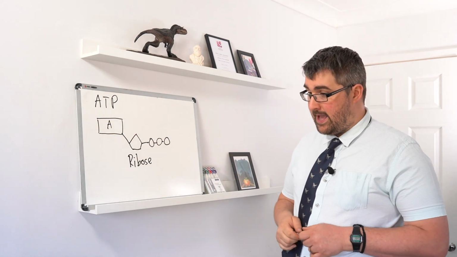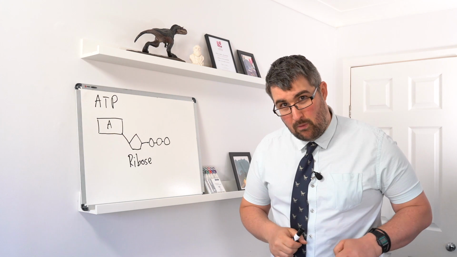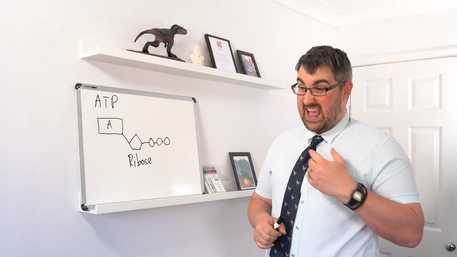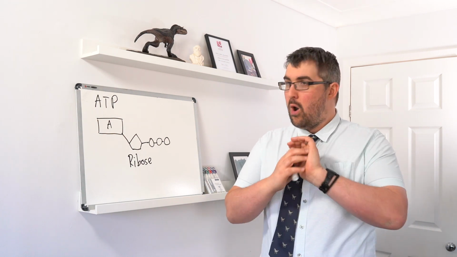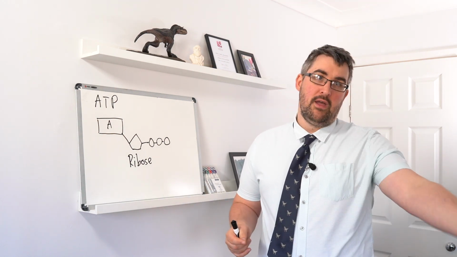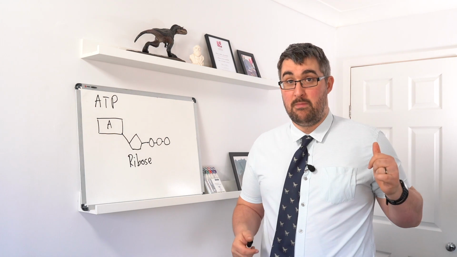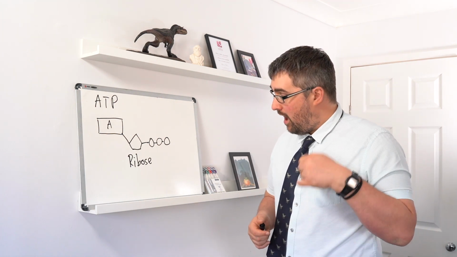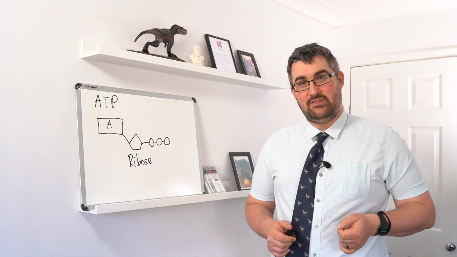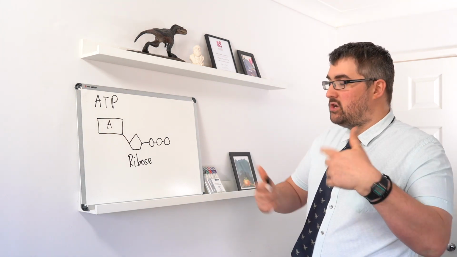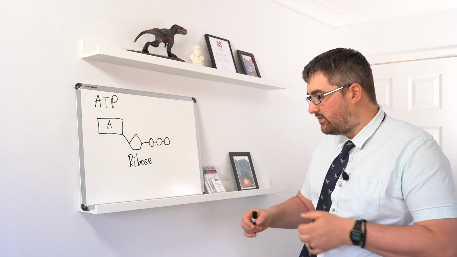So ATP is an incredibly important molecule inside of our cells. It's the universal energy currency of cells. All living things, from the tiniest bacterium to the mightiest human like me, require ATP within our cells as an energy source. Now, why don't we just use glucose directly? Well, glucose is great.